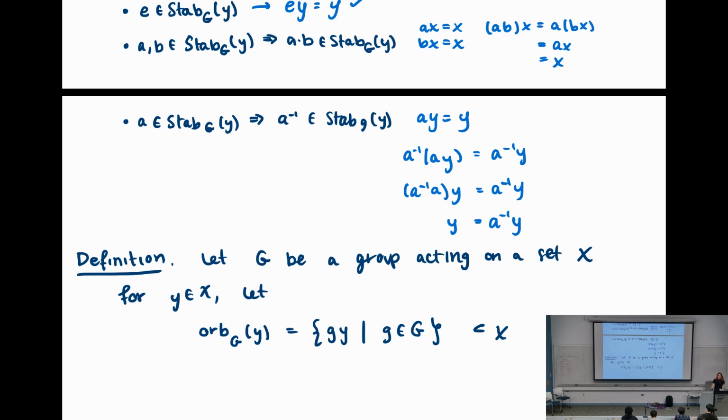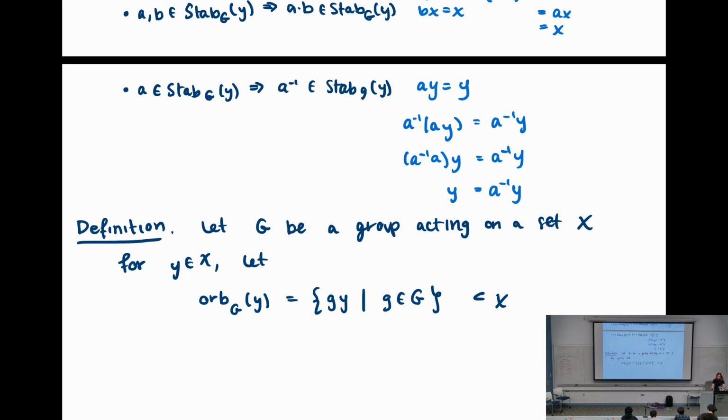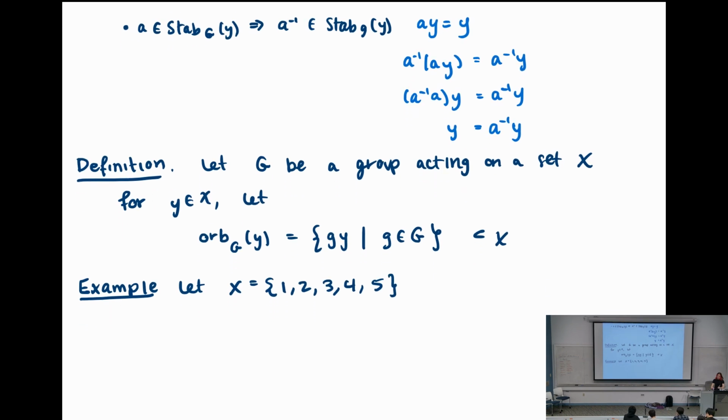Okay, so let's do an example just so you can get a handle on what the orbits and the stabilizers look like. So let X be the set of elements 1, 2, 3, 4, and 5. And I'm going to let G be the following group.